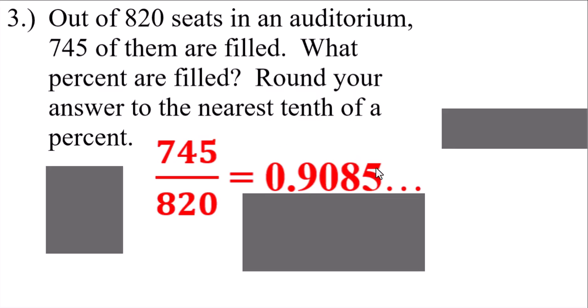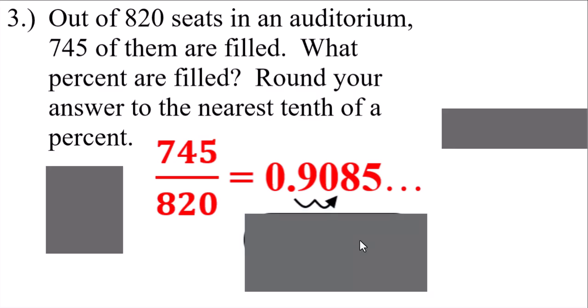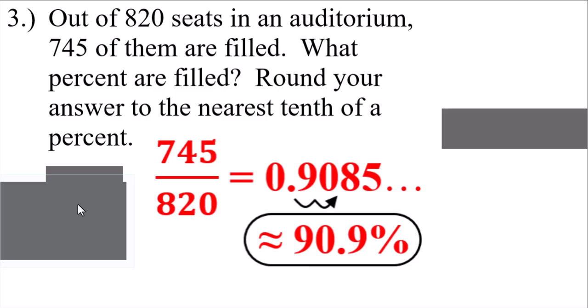Let me ask you, is this right now in percent form? No, not yet. We have to move the decimal point 2 places to the right. So it would be wrong to make this 0.9 rounding to the nearest tenth early and then saying 90%. That would be wrong. If you did that, I'm going to need you to hit pause and fix your answer.